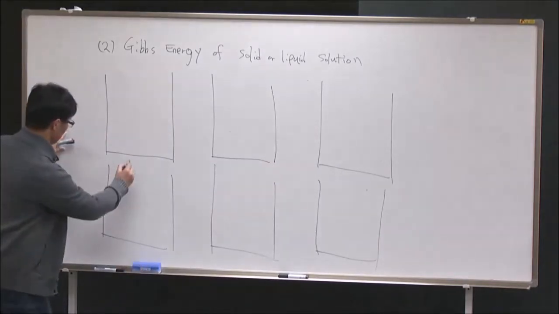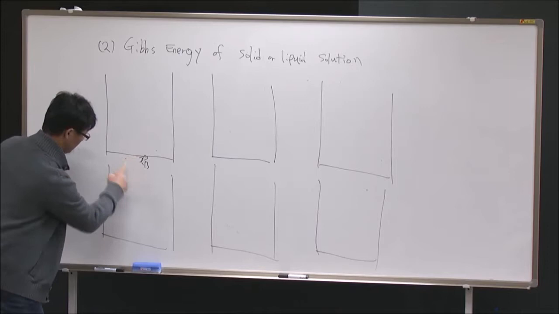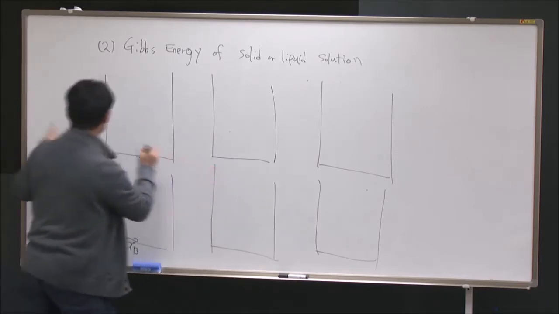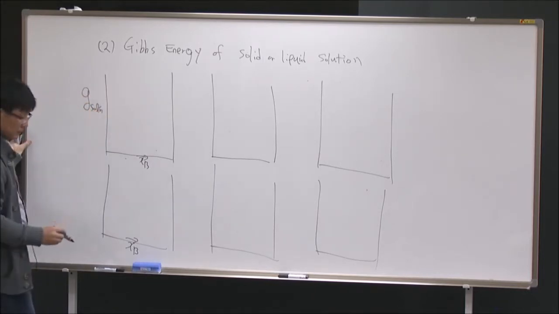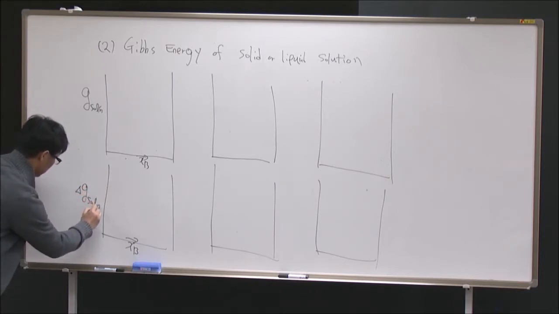So let's assume this is the mole fraction of B changing in this way. This is G of solution, and this is delta G of solution.